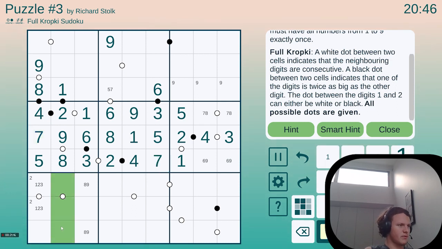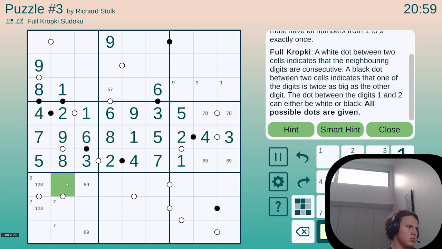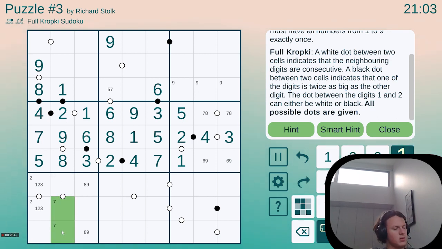Which places a 7 along here. And not there though, because that would be consecutive. There's a 7 there. No, that's an 8. That one has to be the 7, and that has to be a 6.